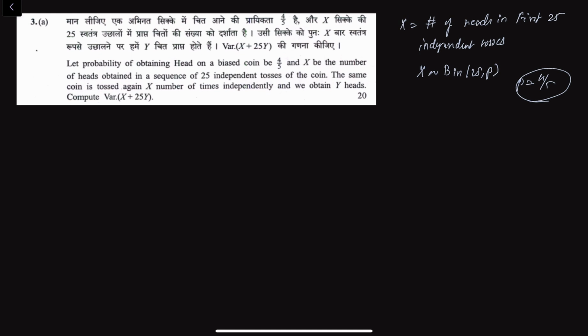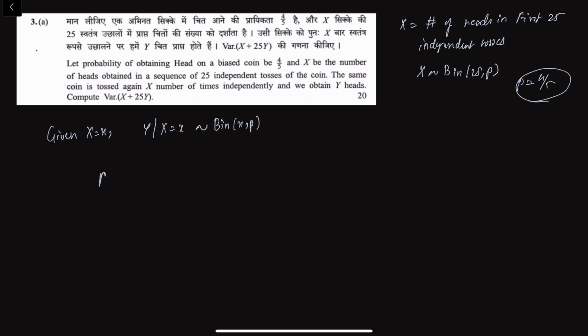And now given X equals x, this coin is tossed x times, and Y given X equals x, so we are obtaining Y heads. That means Y is dependent on X, so Y given X equals x follows Binomial(x, p). So again, these pairs follow this binomial model, or the hierarchical model.